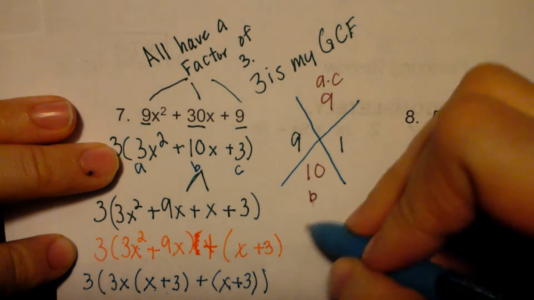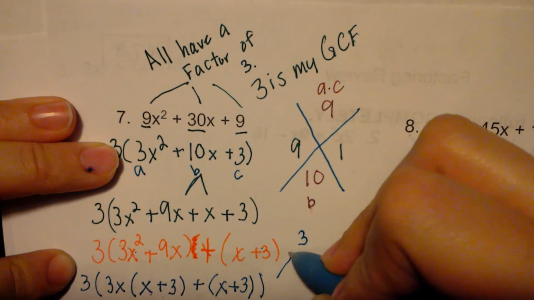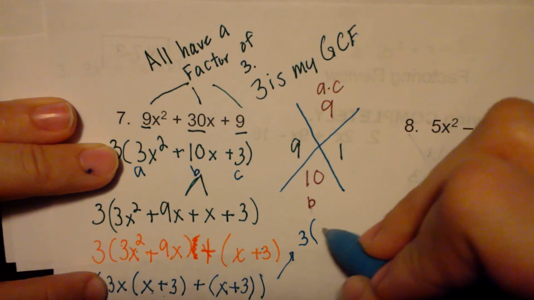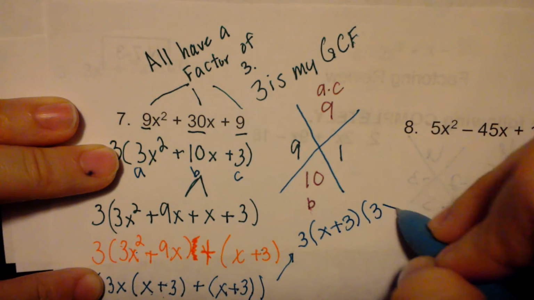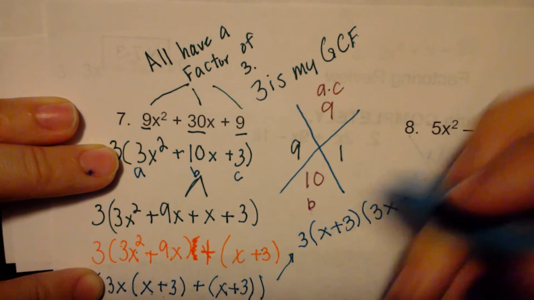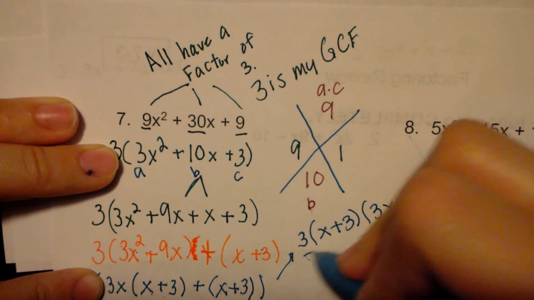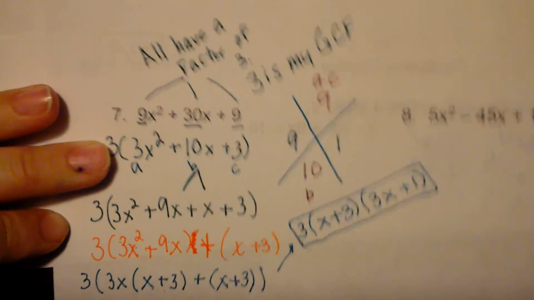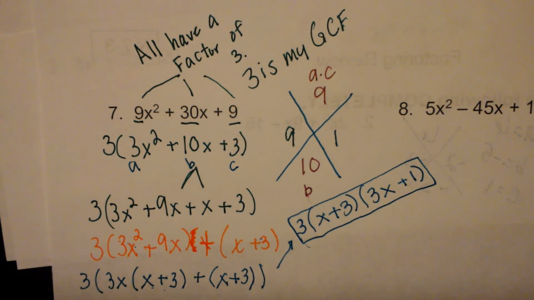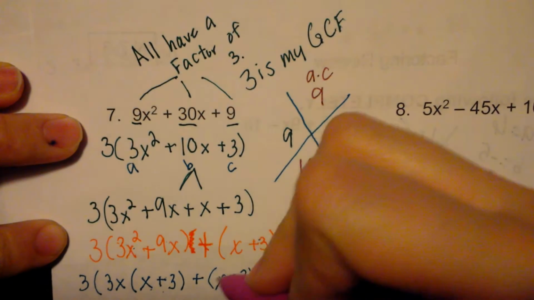So that means my answer is going to be 3 times (x plus 3)(3x plus 1). Technically, I have a 1 here.